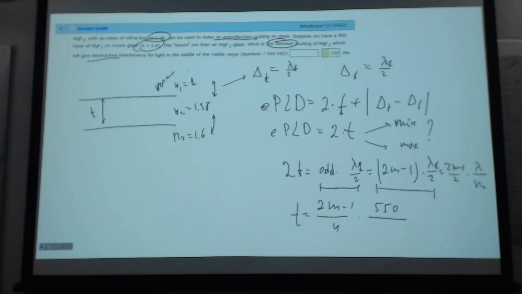So 550 nanometers over 1.38 is supposed to be your answer. Of course, m equals 0 doesn't work, so m equals 1 works. So 550 over 4 times 1.38. That should be the answer.